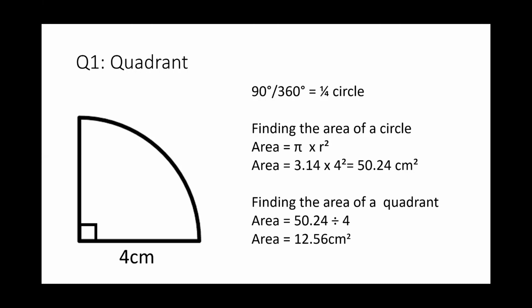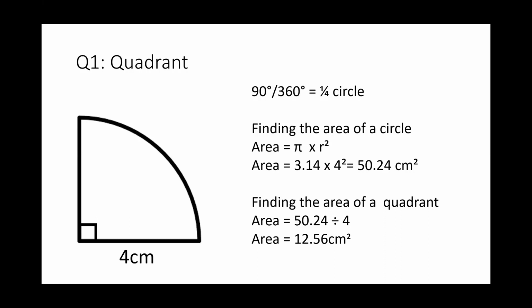First up, quadrant. A quadrant is a quarter of a circle. For all the problems shown in this video, we will be repeating the same first step, which is finding the area of a whole circle.